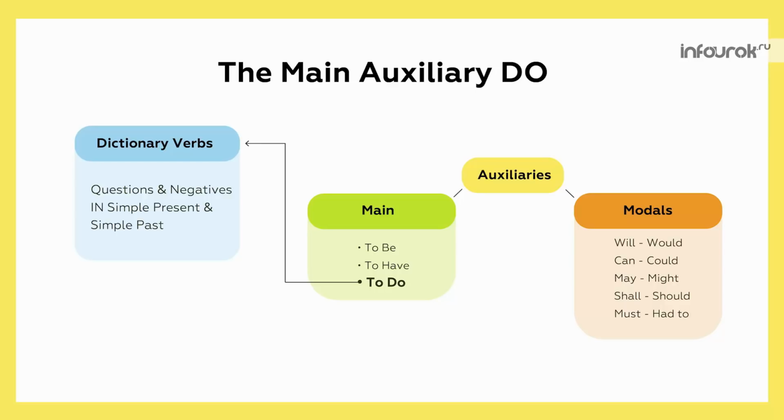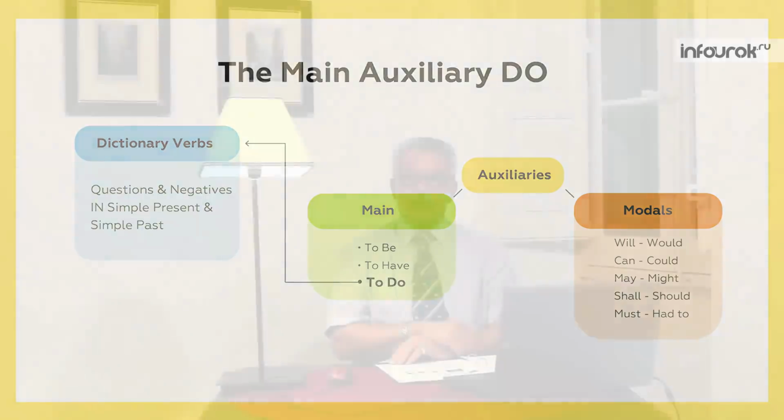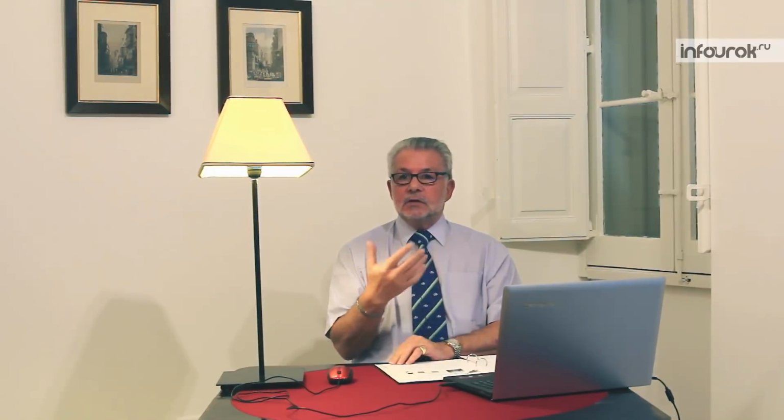For example, the auxiliary do is used only with the simple present and the simple past, because in the other tenses, like the present progressive, the present continuous, I am teaching, there is the auxiliary am. So I can make questions, am I teaching?